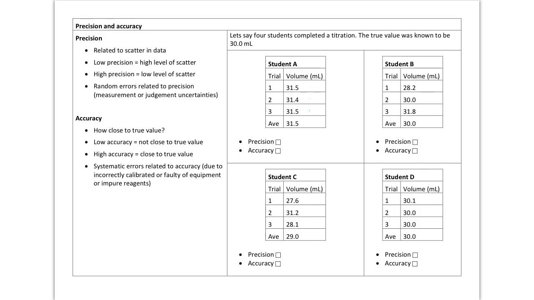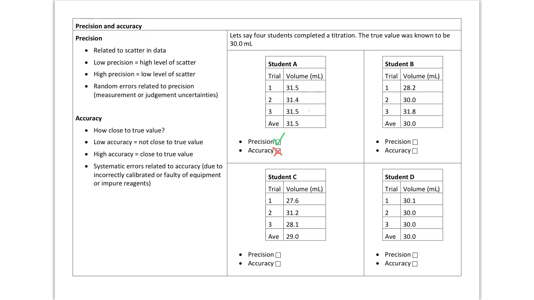So they're all within 0.1 millilitres of each other. We talked about that before. We would say they're concordant titres. So we would give this person a big tick for their precision. However, the true value was supposed to be 30.0 and they're at 31.5. So they're 1.5 millilitres off the true value. So we're going to say they're not very accurate.